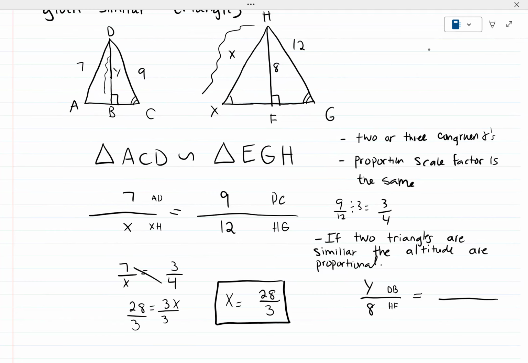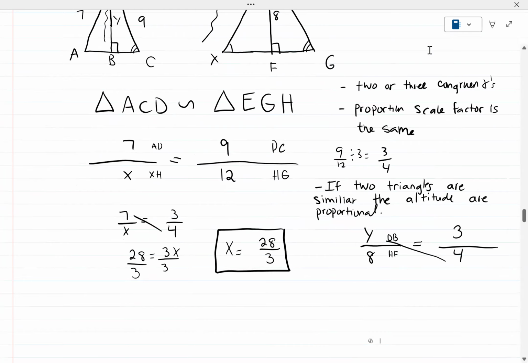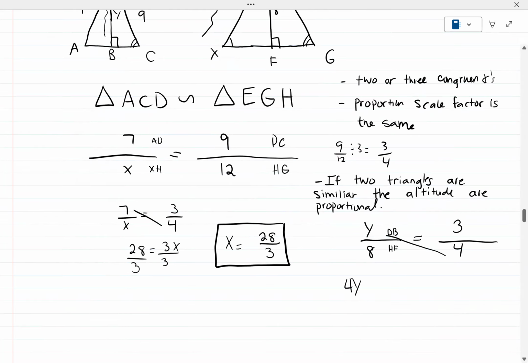I'm just going to use 3/4 because I don't want to reduce. So I'm going to cross multiply. This is going to be 4y equals 8 times 3, which is 24. Divide this by 4. y equals 6. Okay.